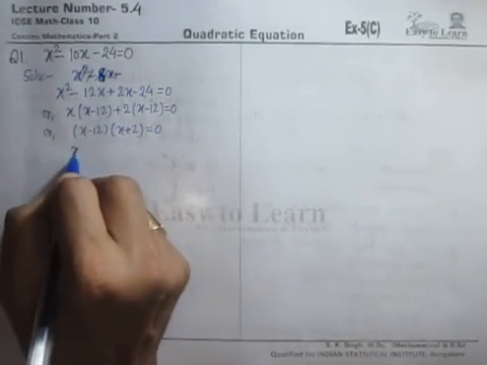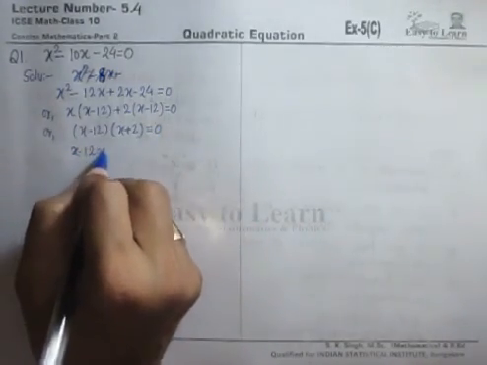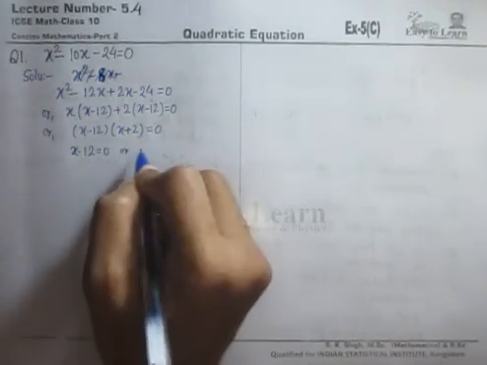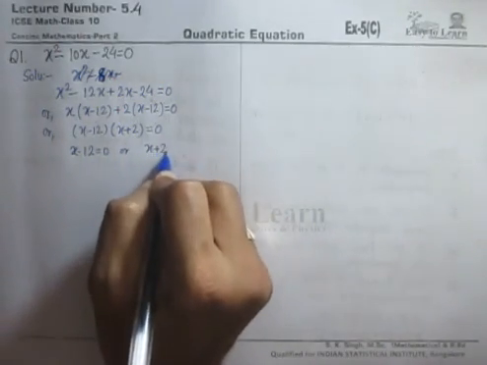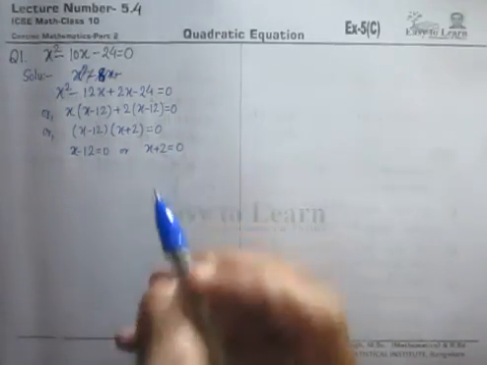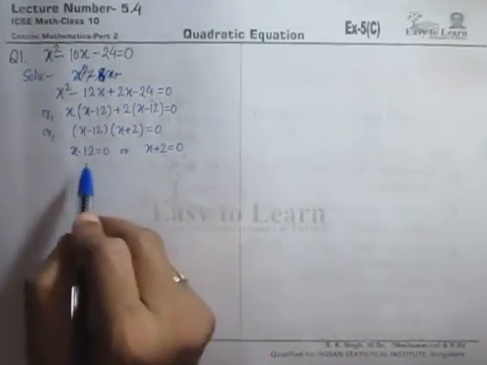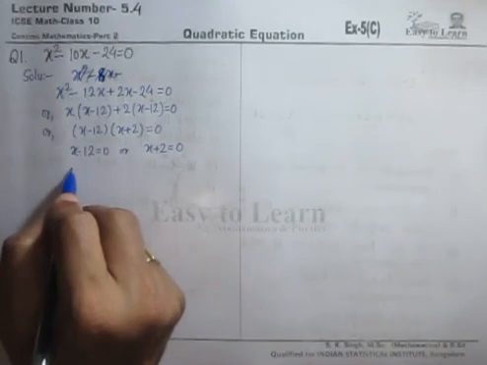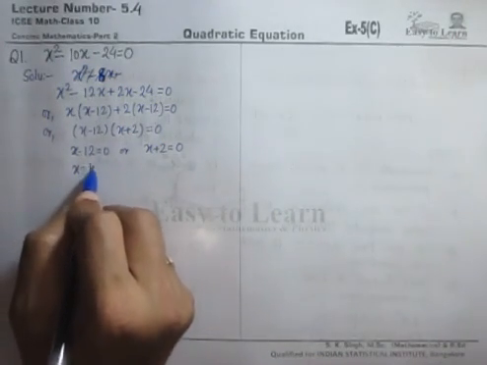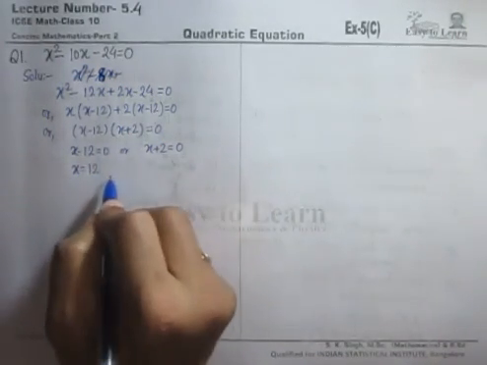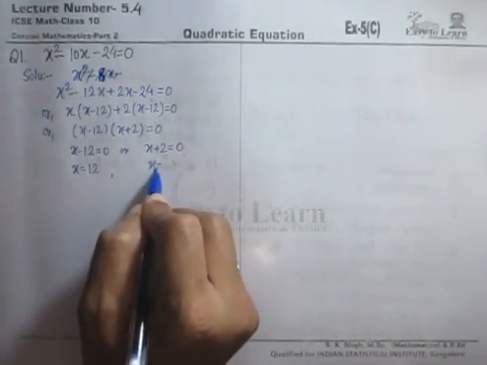So putting x minus 12 equal to 0 or x plus 2 equal to 0. This is called zero product rule. If product of two factors is 0, then either factor is 0. So from here you will get x is equal to 12, and from here you will get x is equal to minus 2.